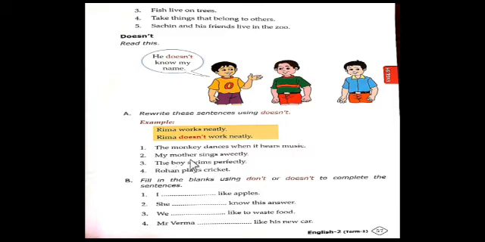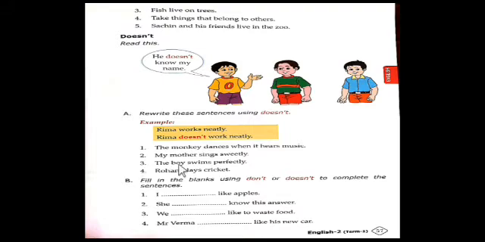Second one, my mother sings sweetly. Make a sentence using doesn't. My mother doesn't sing sweetly. Then the third one.